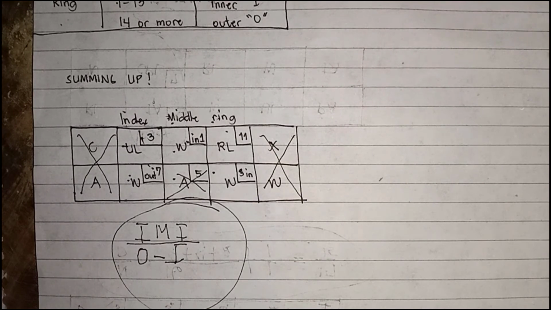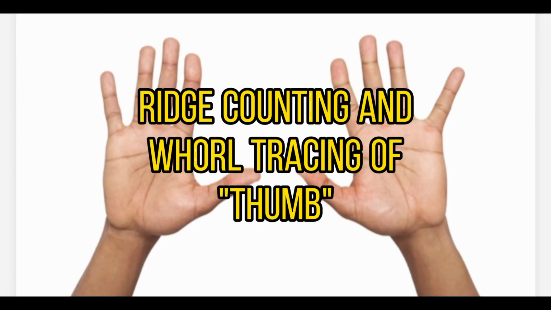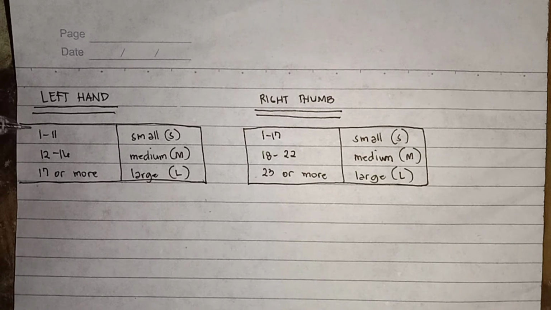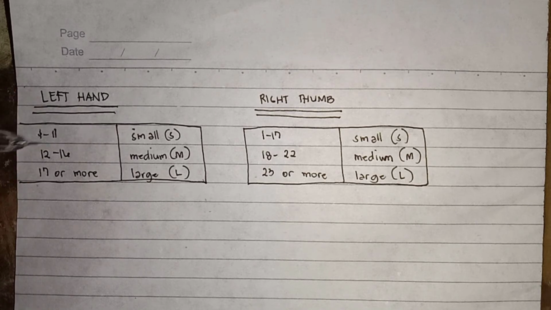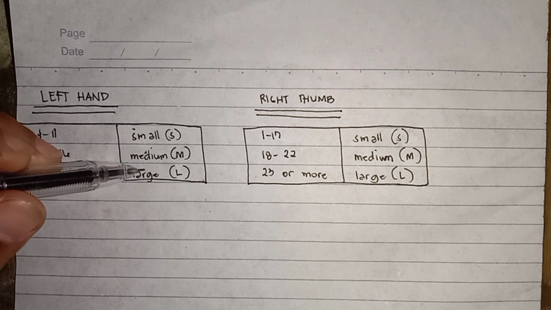Major classification. Ridge count and whorl tracing of thumb. Left hand, if the ridge counting is 1 to 11, small. If 12 to 16, medium. If 17 or more, large.